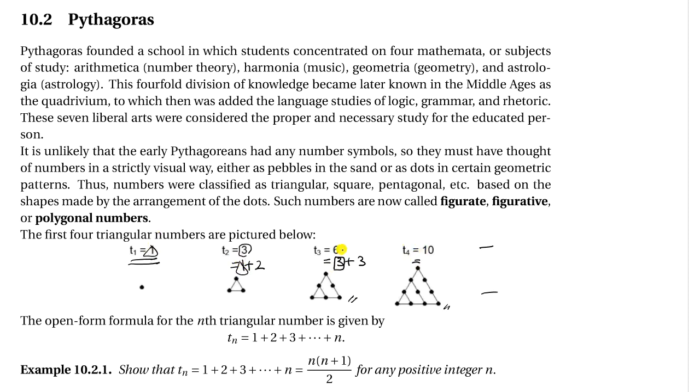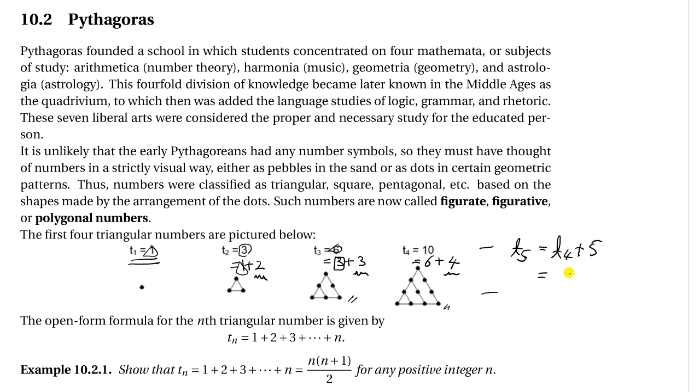For 10, the previous number was 6, right? So using 6, we just need an extra 4 there. So we can guess what happens without seeing the diagrams, right? T5 must be the previous one plus one more larger number, right? So 2, 3, 4, 5. So it should be 5 like that, right?